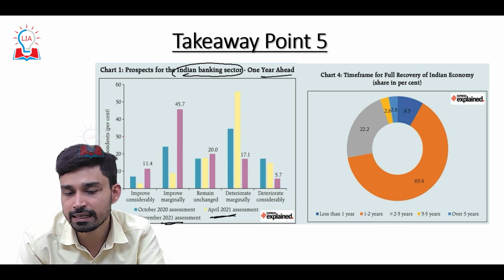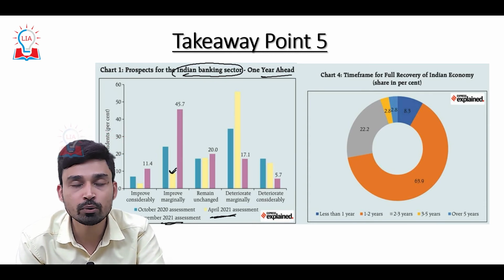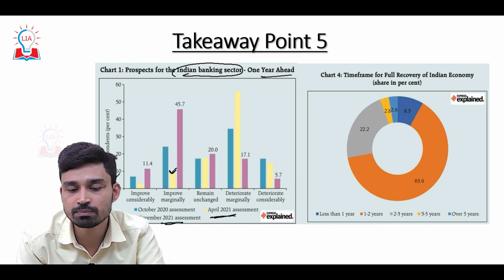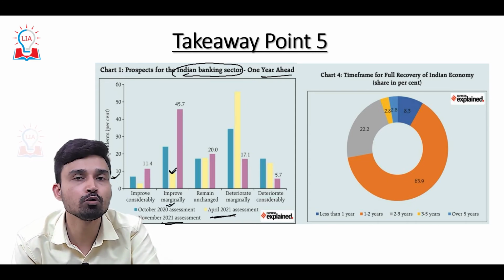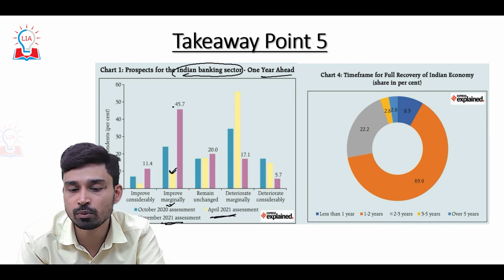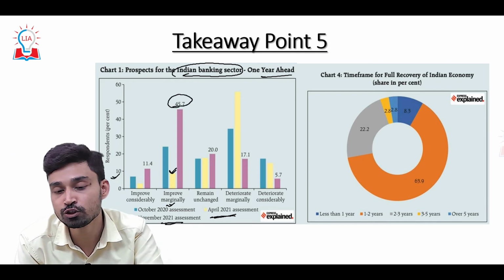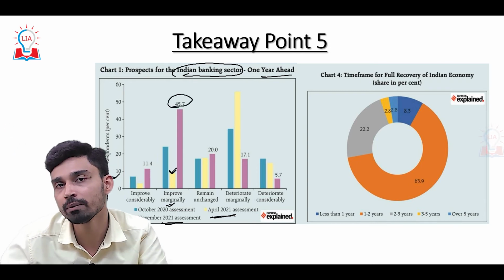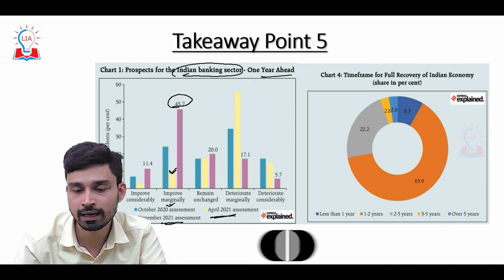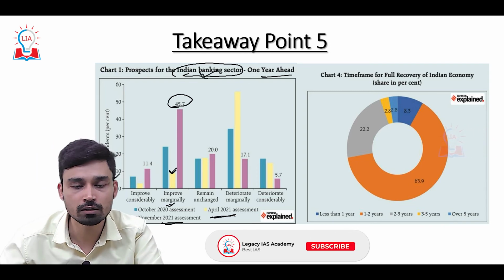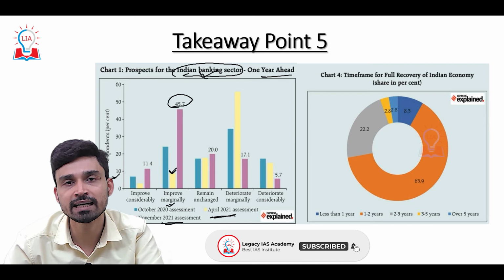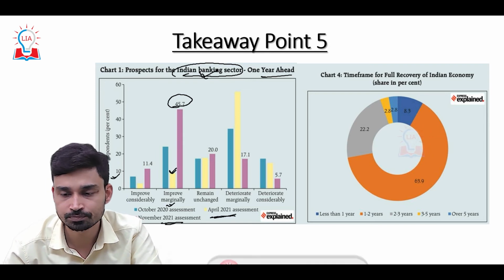In April 2021, only 10% of respondents believed that the banking situation would improve marginally, while in November 2021, this figure has increased to 45.7%. That means now about 45% believe that the banking sector is on the path of improvement and has good prospects in the coming days.